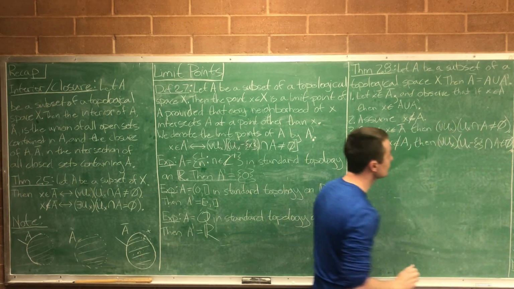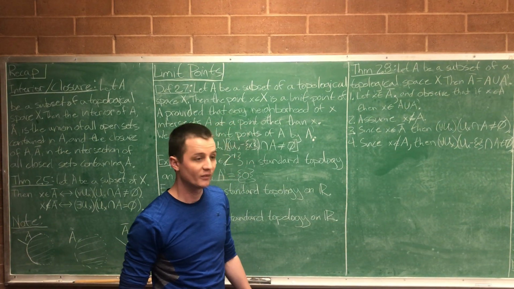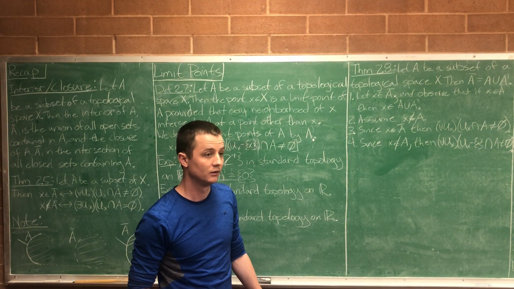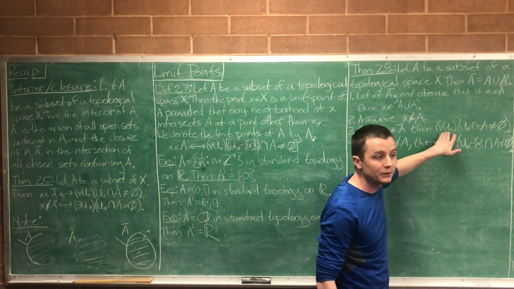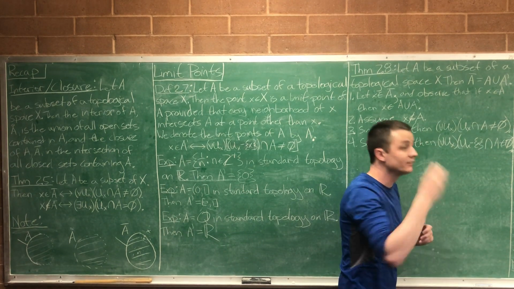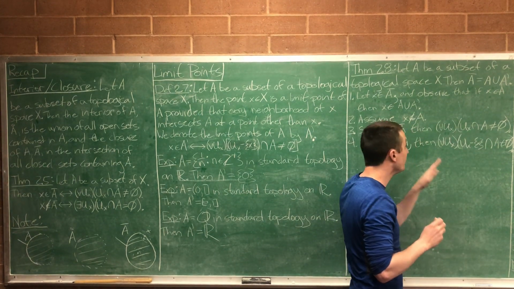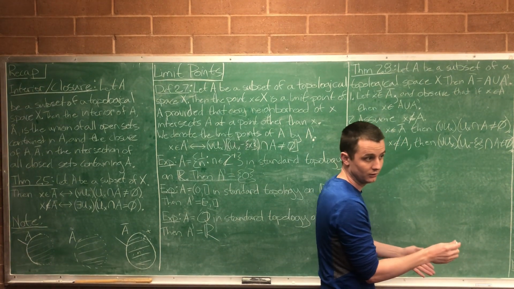Right? So I know from Theorem 2.5 that every open set containing x intersects A at some point. Since x isn't in A, then the point that they intersect at can't be x. Right. And you just wrote the definition of limit.